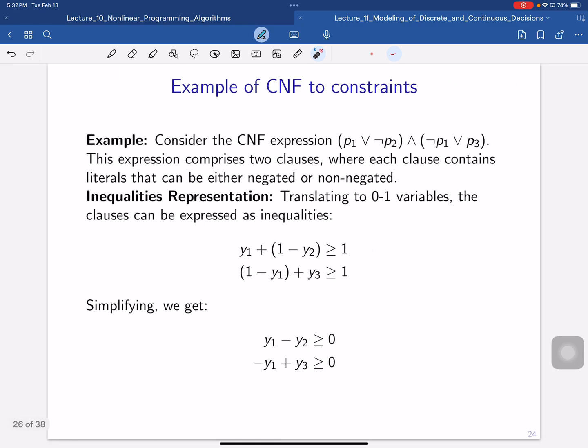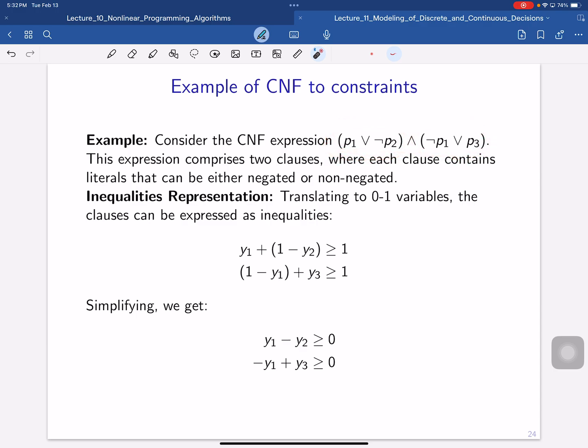So why can a CNF be easily converted to integer constraints? Here's an example very similar to the one I just wrote. If you consider a CNF of this form, this is the first parenthesis, this is the second.